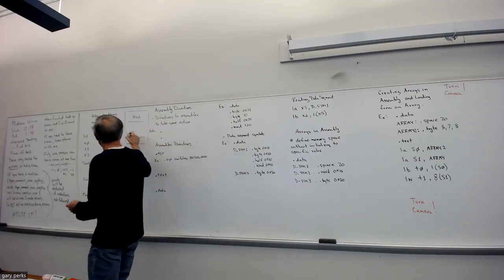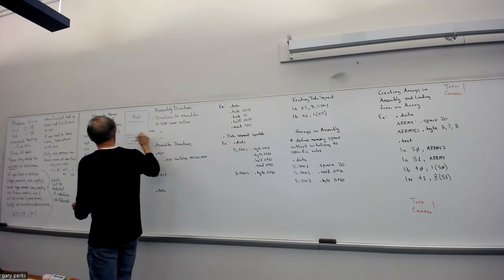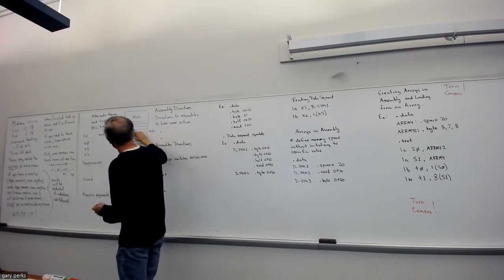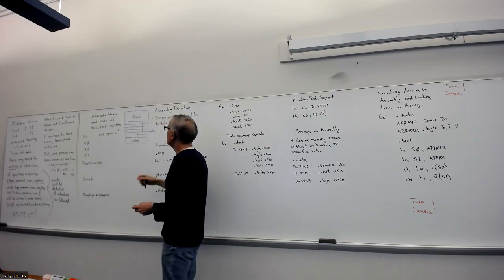Just like we talked about for the code segment, each byte has an address in the data segment as well. Remember each row is 32 bits, and you've got 4 bytes in each row. I could keep on going.